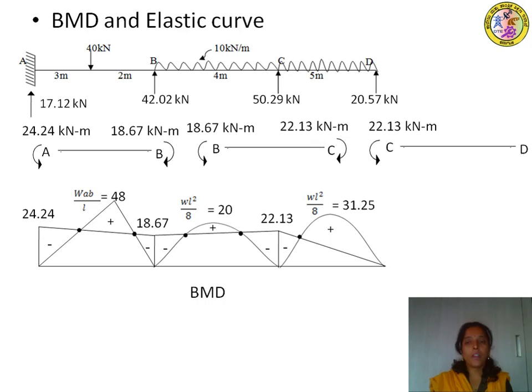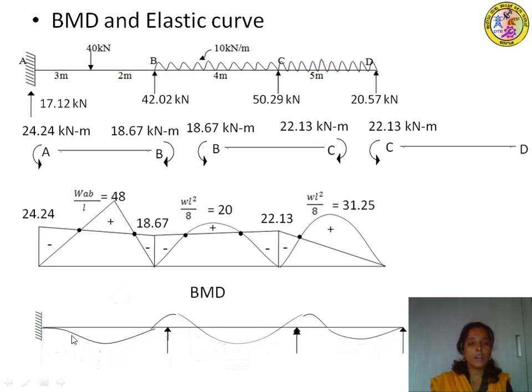Next, to draw the elastic curve, consider the given beam without loading, that means without loading, only with the end supports. The variation of elastic curve will be as that of the bending moment. Since at A we have a fixed support, the displacement will be 0 for some region, and then because the sagging bending moment dominates, the deflection will be in the downward direction.